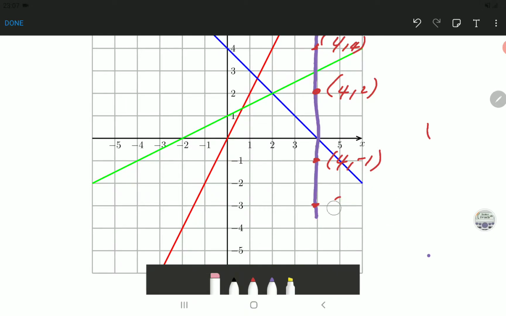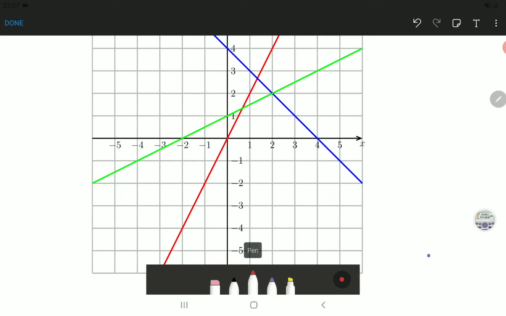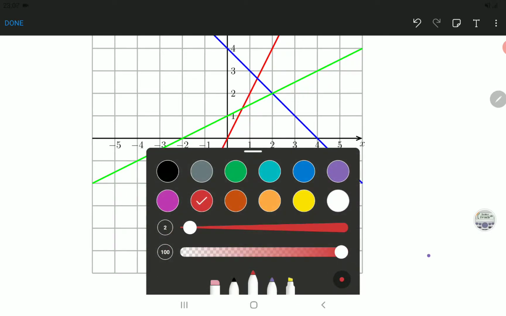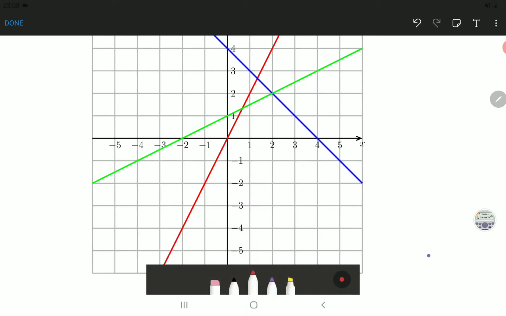Let's take another example. So let's remove all this. In fact, you're going to find that if we take any other vertical straight line, suppose we have this one here, all we need to do, if it's vertical, is just find one point and its coordinate. This one is going to be minus 2, 1.